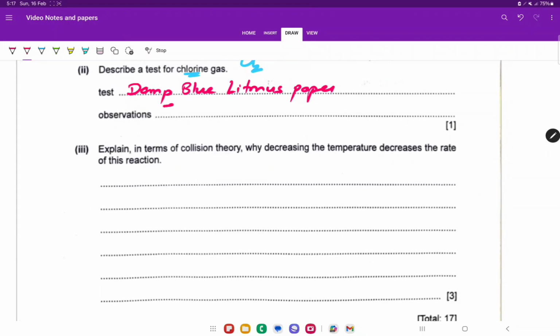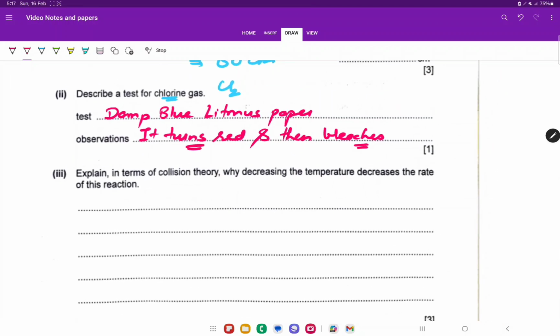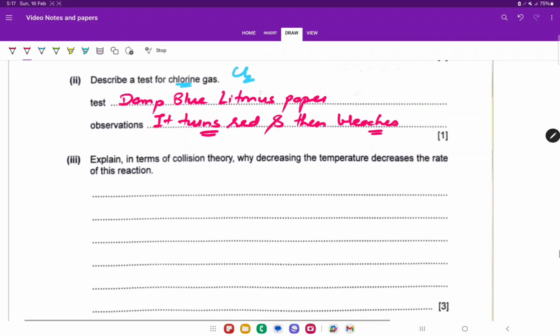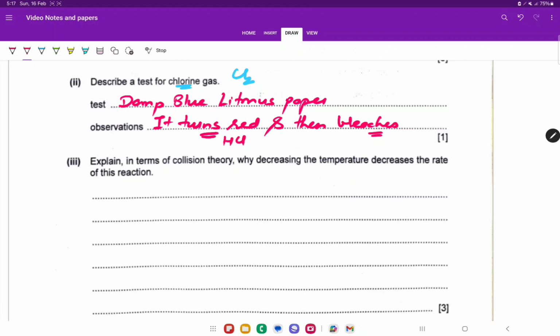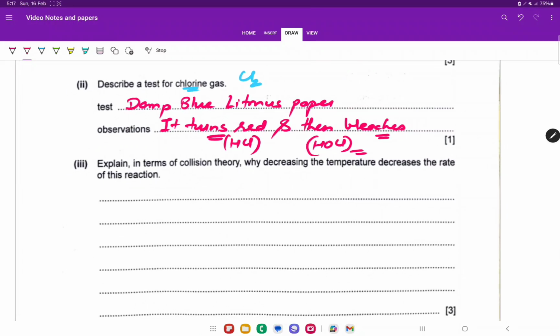Observation is it turns red first and then it bleaches out, turns white again. Why? Because HCl is formed when we pass chlorine on damp litmus paper. First it will form HCl, which will turn the litmus paper red, and then one more compound is called HOCl, which bleaches it. That is a matter of higher studies, then you will know there.